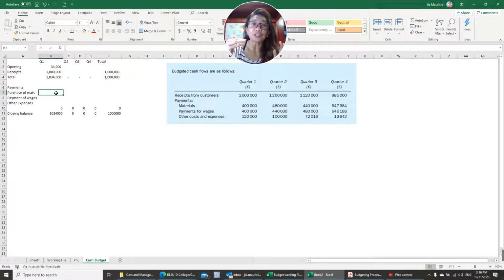So you have to consider the different things on your payment schedule, or the payment for your suppliers, like in terms of materials. Of course, you have to make sure that there is enough budget for the payment of your wages. And then there are other relevant expenses like travel expenses, hotel accommodation, what else? Gasoline expense, water utilities, and things like that.